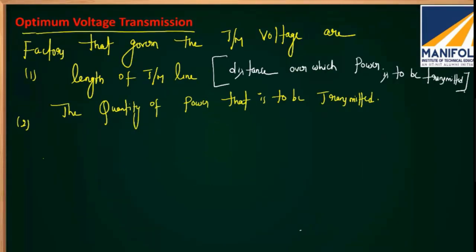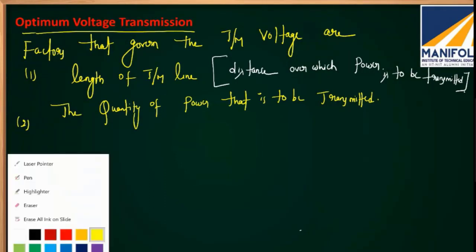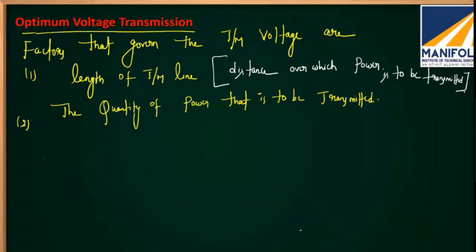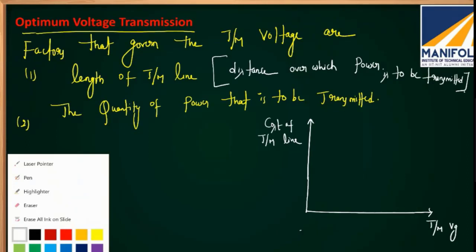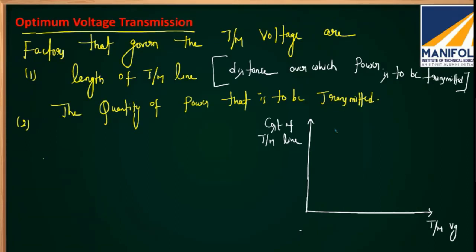And one more important point is, if you plot the curve between cost of transmission line on the y-axis and transmission voltage on the x-axis, then this curve will vary in this fashion.